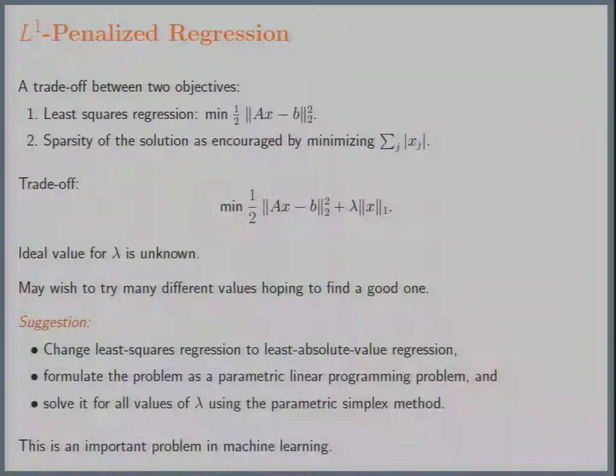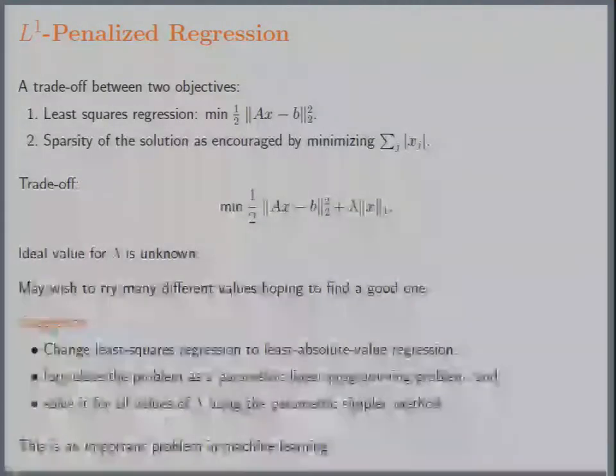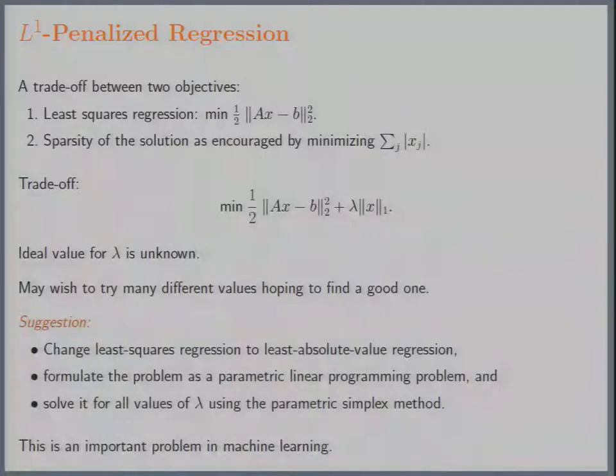But the reality is, if you just solve the regression problem, everything will be relevant to different degrees, and you would like to more systematically avoid that and force some of those x's to be 0. One way to force those x's to be 0 would be to minimize the sum of the absolute values of x. If you just did that by itself, you would get a big fat 0 for all of them.